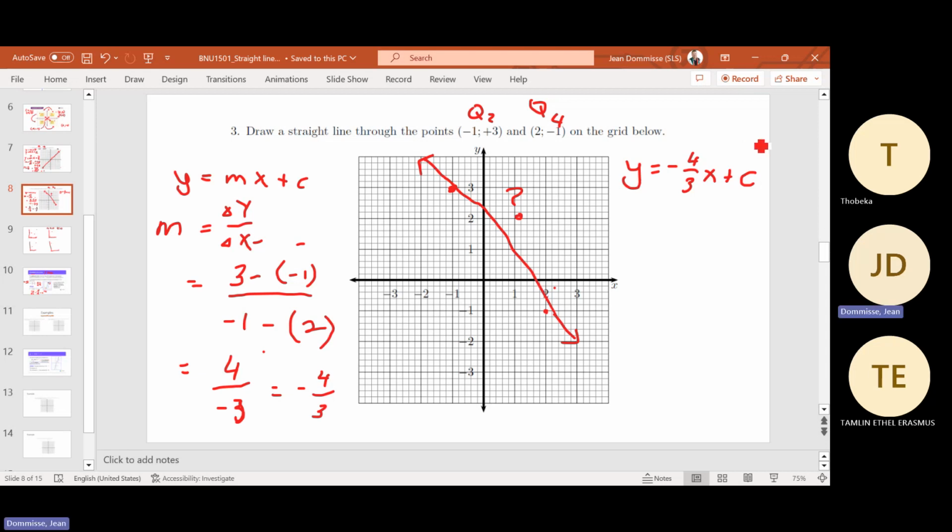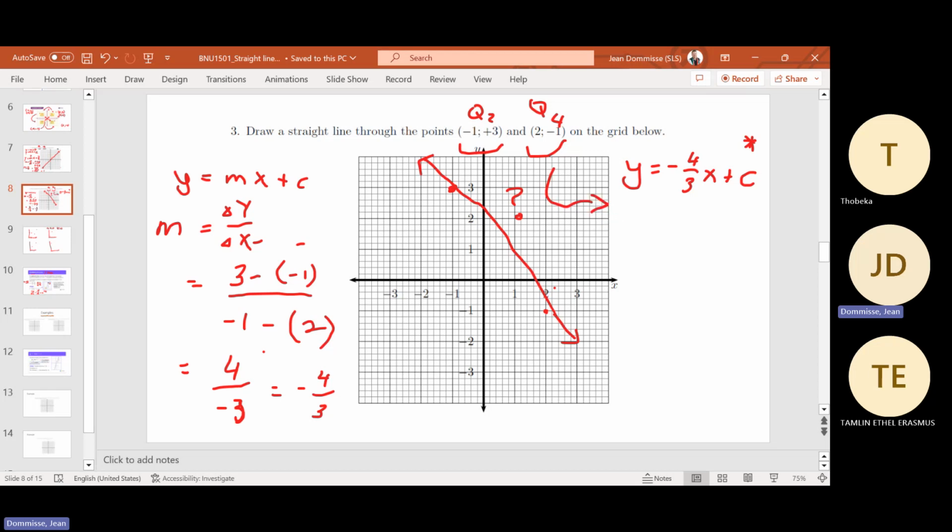We still need to work out what c is for you to get to that final equation that you also need to do. The easiest way to calculate the c is actually to use any one of these points and substitute it in your formula.